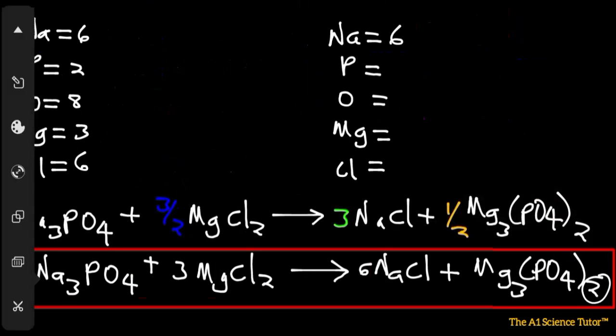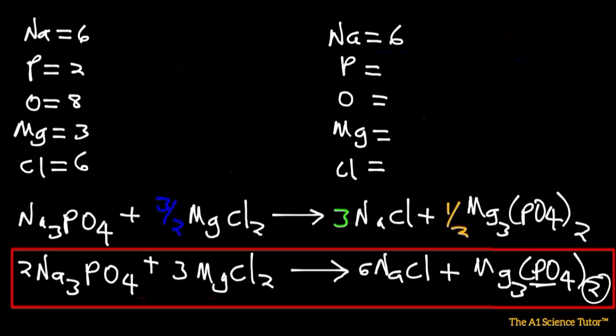That gives us 2, and that's correct. Now oxygen, this is 4 multiplied by 2. That gives us 8, and that was what we had for the left-hand side. The magnesium, we have 3, and it's also 3 here. Then we have chlorine, which is 6. So of course, this is completely correct. So this equation is completely balanced. I believe you basically understand everything we did here. So now let us go on to 3 more.